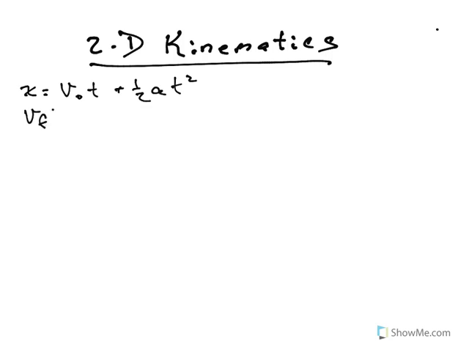Next equation we had, vf squared is v naught squared plus 2ax. And then lastly we had a equals vf minus v naught over t, a change of velocity over time. And we found that any one-dimensional kinematics problem we had could be solved using one or multiple of these equations.